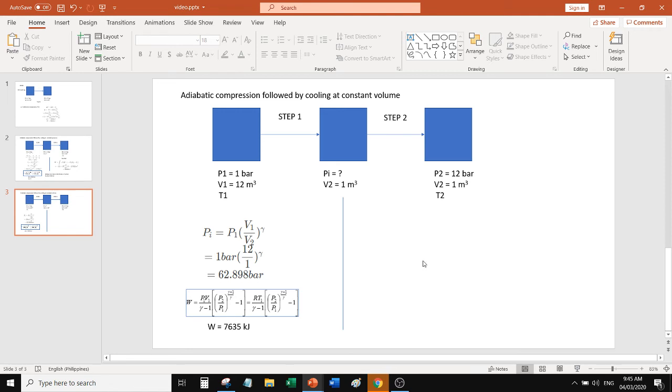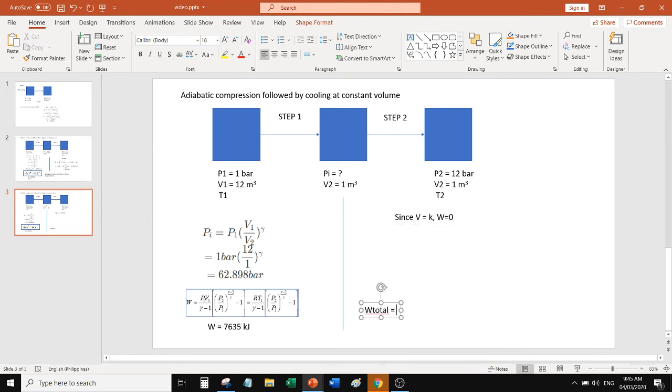For step 2, what is work? Since V is constant from the intermediate step to state 2, then work is 0. What would be the total work?